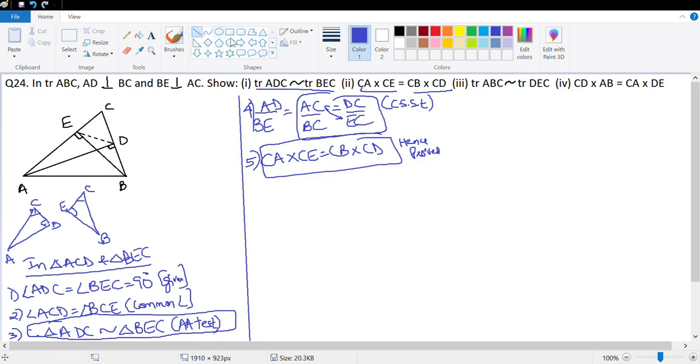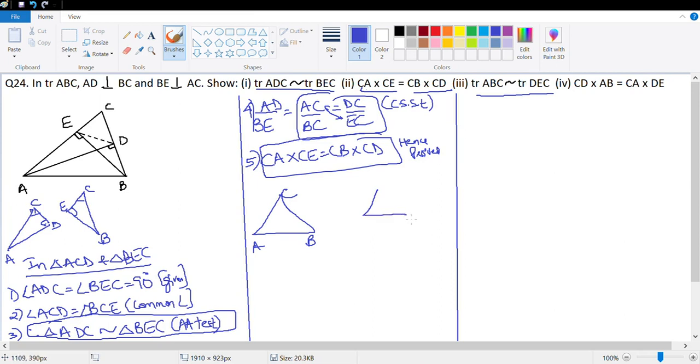Let's look at the next part. The next part says prove triangle ABC is similar to triangle DEC. ABC, so that's the big triangle. Let's just draw the big triangle here once again. This is CAB, and then the next one is DEC. This is the small upper triangle here, CED. Do we get anything here?